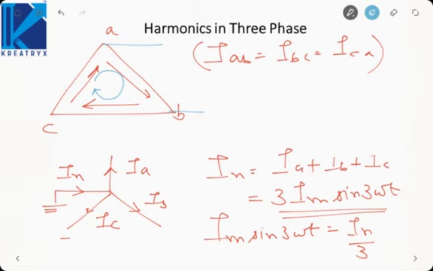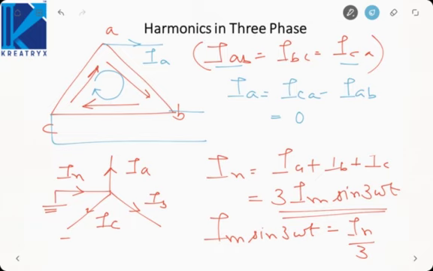But what about line currents? In line currents, Ia will be equal to Ica minus Iab. Since both are equal, this will be 0. So third harmonic current will be absent in case of line current, but it can exist in phase. So that means third harmonic currents require one of two things.